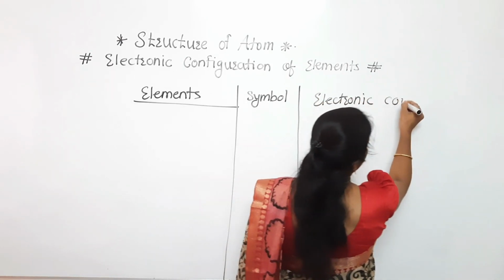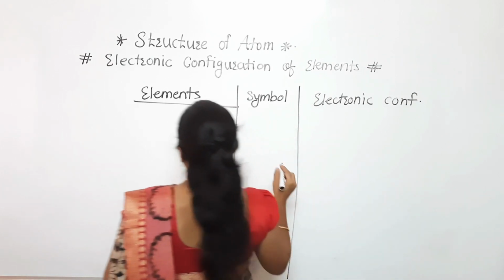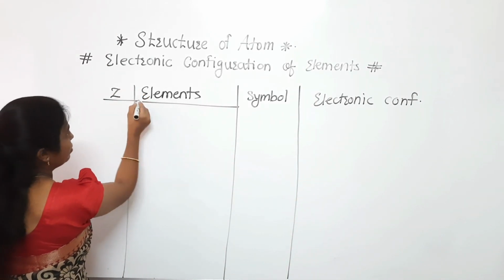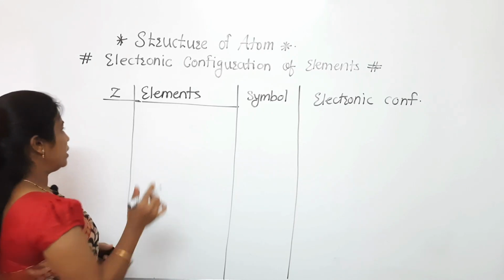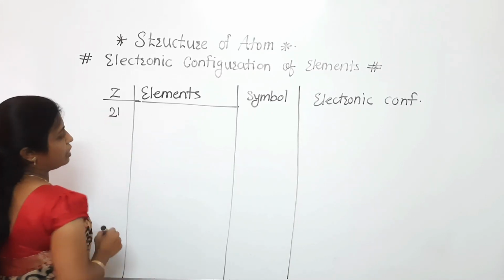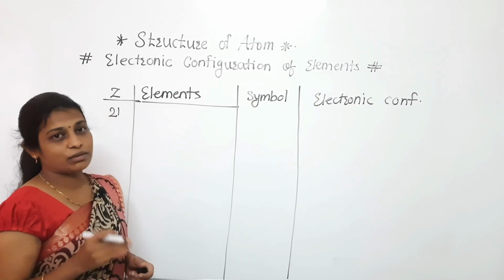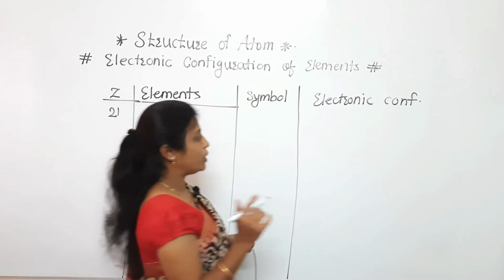Clear? So in the electronic configuration table, for the atomic number I am writing the symbol Z. The first one we are going to discuss is 21. One more thing: before going directly to the elements, I will tell you one trick.